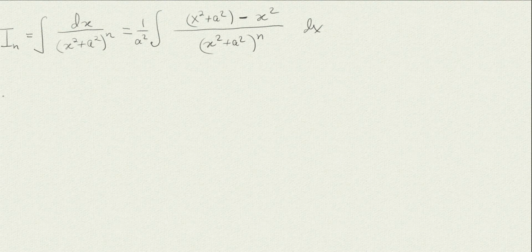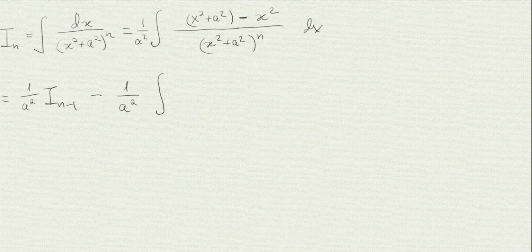But now when I separate the fraction, then I have 1 over a squared I_{n-1}. This is the integral of lower order, because here we have the power n minus 1, and minus 1 over a squared, and we'll have the following integral.